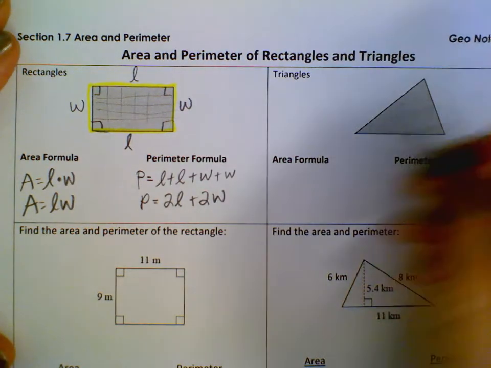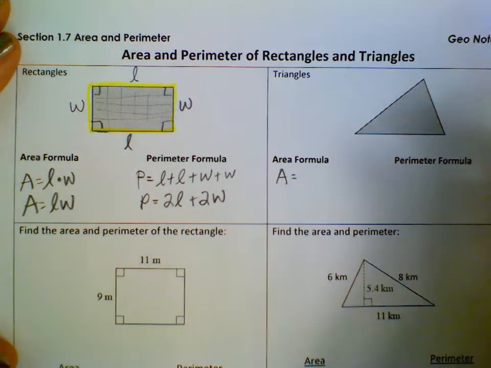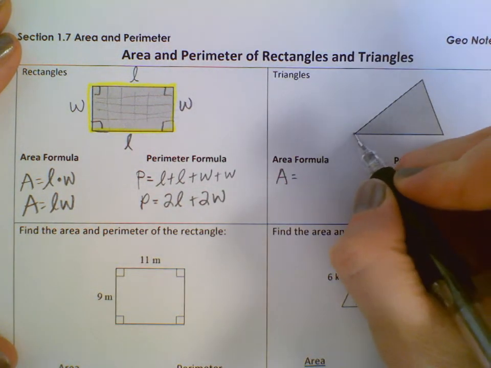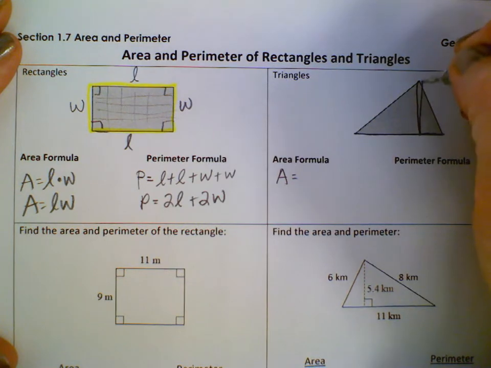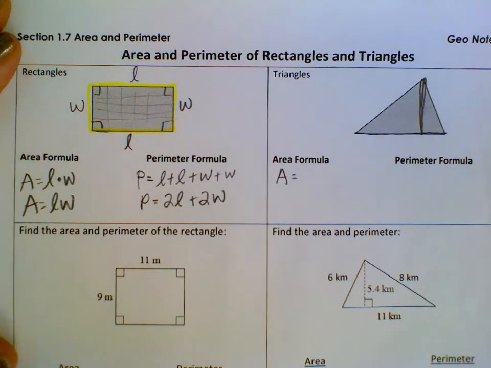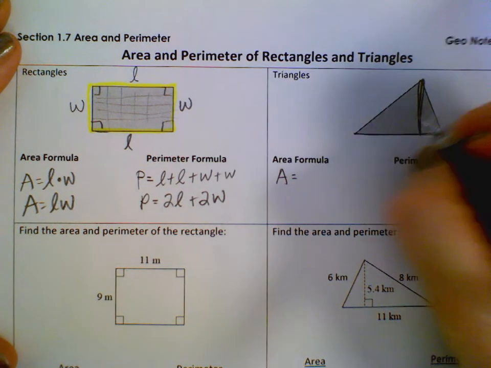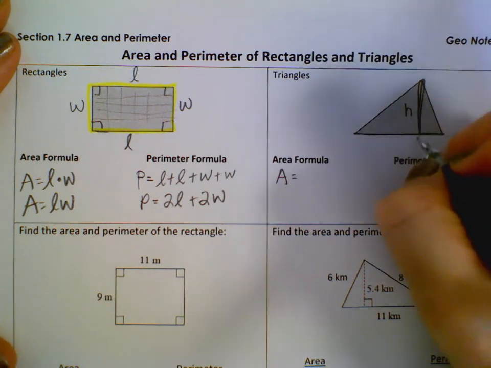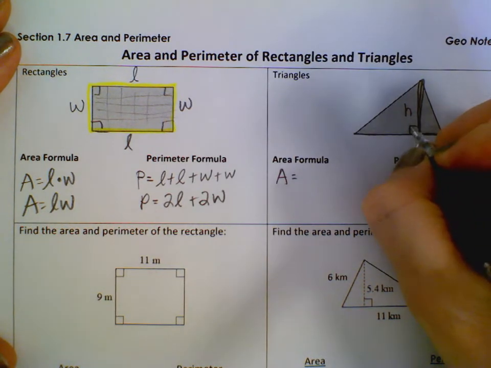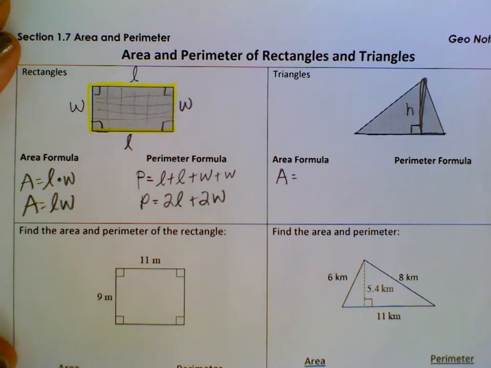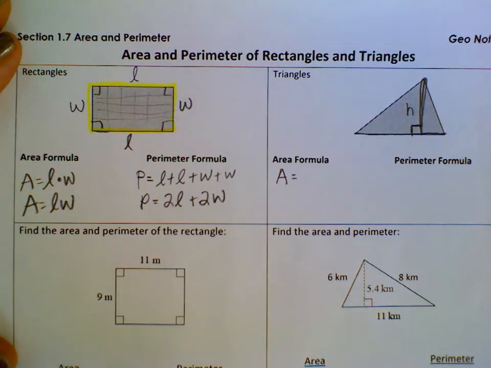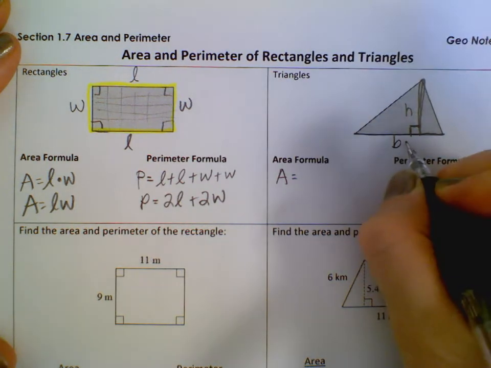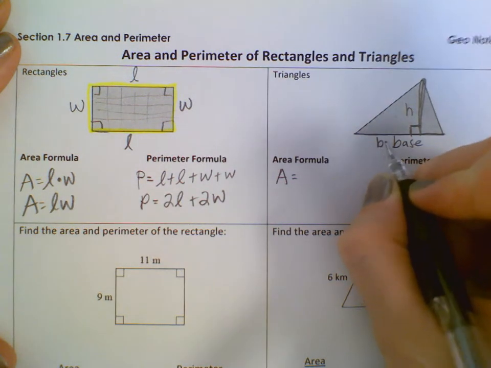Okay, the area formula for triangles. So we need a base and a height, and for some reason now the dimensions switch from lengths and widths to bases and heights. So this is a height, right, from the bottom up to the highest point that you can create, and then it meets at the right angle to the base.